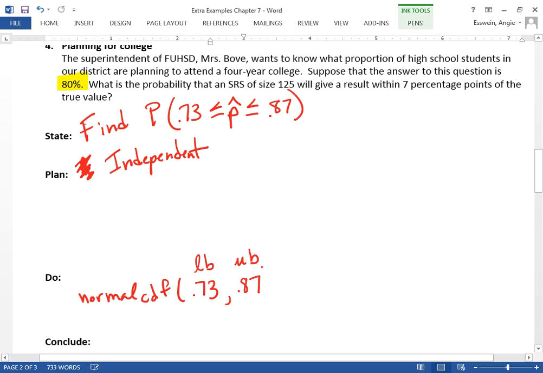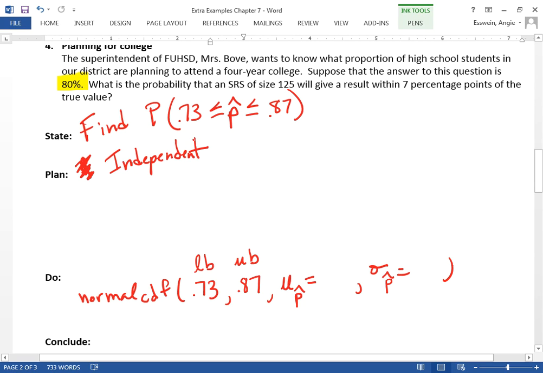We need the mean of this sampling distribution of p hat and the standard deviation of the sampling distribution, and then we'll have our answer. But we need to know that the shape is normal, so we have to check, and we need the independent condition to be true, otherwise we can't even use the standard deviation formula.